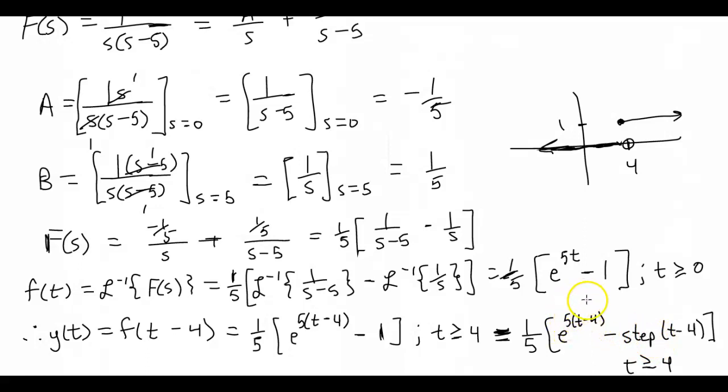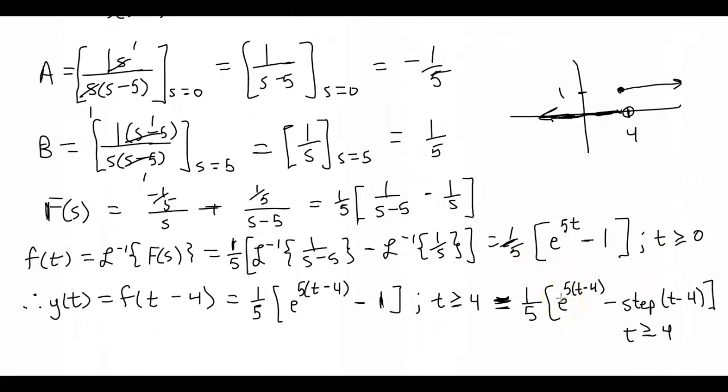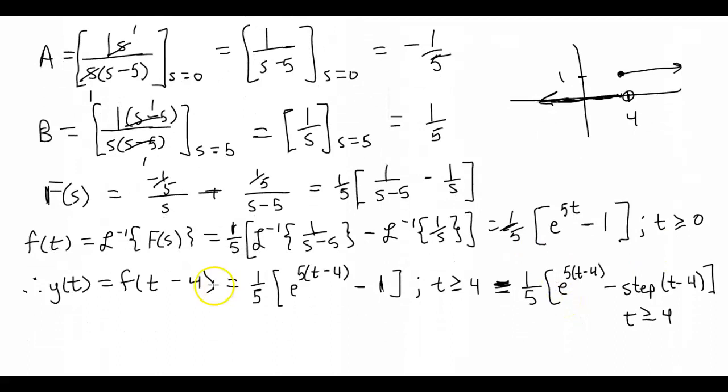And we know, of course, for the Laplace transform that anything that's going to make this negative just doesn't even matter. We don't even consider those things. So in general, your final answer, you could express it this way, or you could express it this way. Either way is correct.